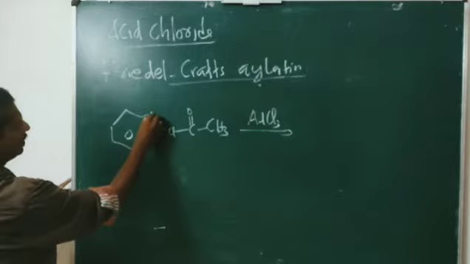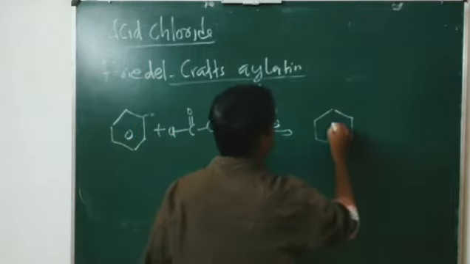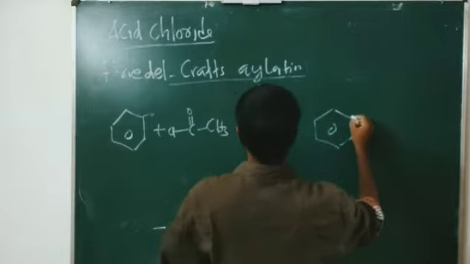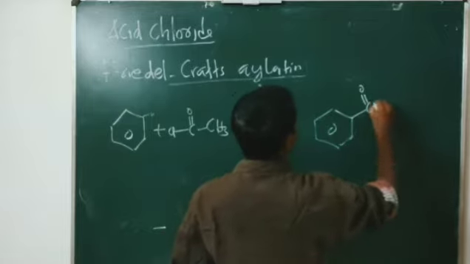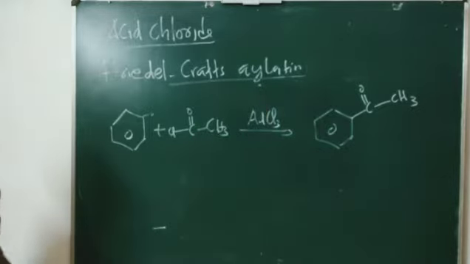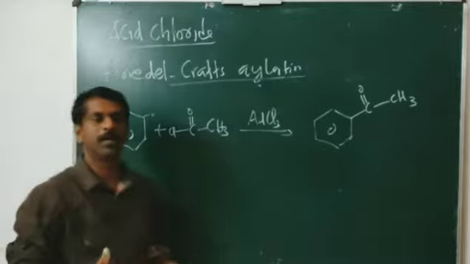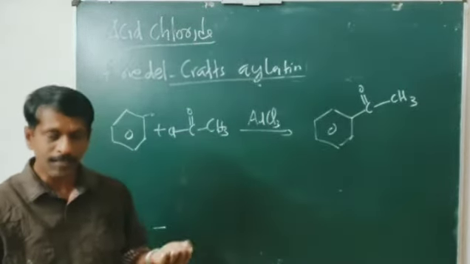HCl is eliminated and you get C double bond O, CH3 attached to the ring, acetophenone. So you get this compound.